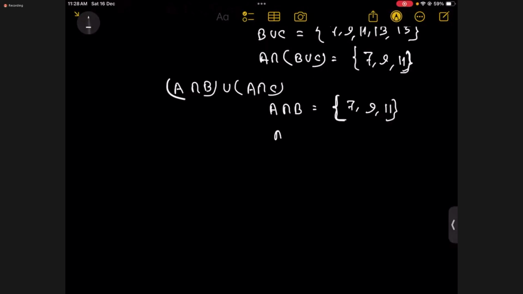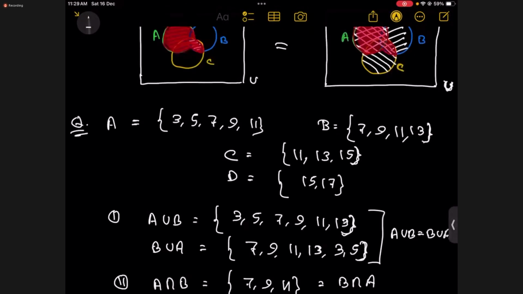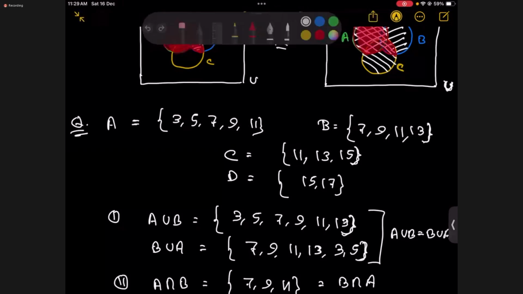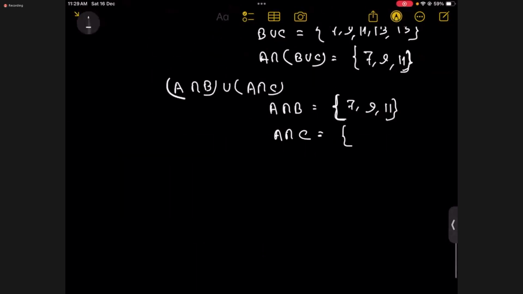What about A intersection C? Check that A intersection C contains only one element, that is 11. Now if I take A intersection B union A intersection C, we will get 7, 9, 11. So it's verified.